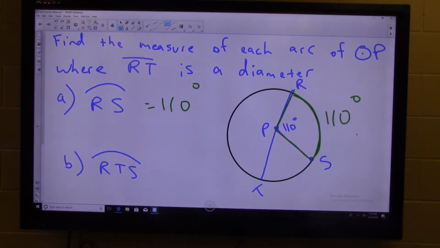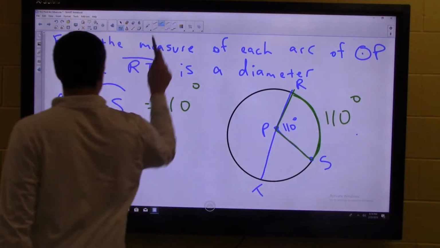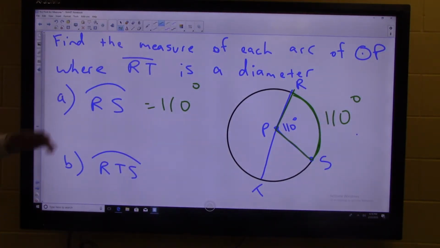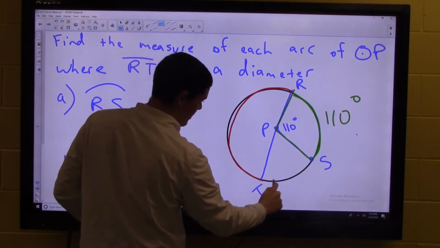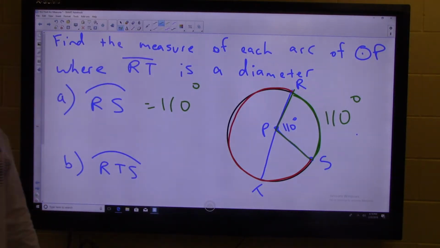All right, part B is a little bit different. So let me highlight this in a different color. So RTS. You start with R, go around to T, and then go to S. So that right there is basically what's left over of the entire circle.